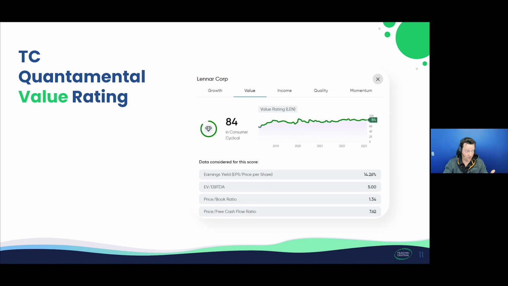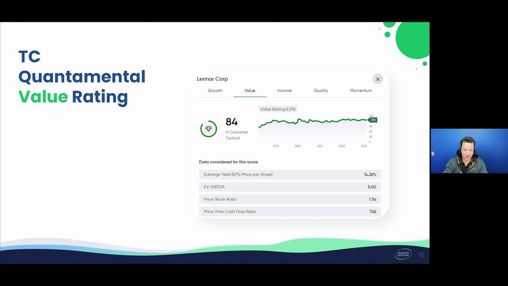And speaking of value, we have that factor as well. So the value rating does consider key factors such as price to book, price to free cash flow, earnings yield, which were really developed by economist, educator, and investor Ben Graham, and then popularized, of course, by the legendary value investor Warren Buffett. Now, the value rating is important because it really helps identify undervalued stocks that may offer strong long-term returns.